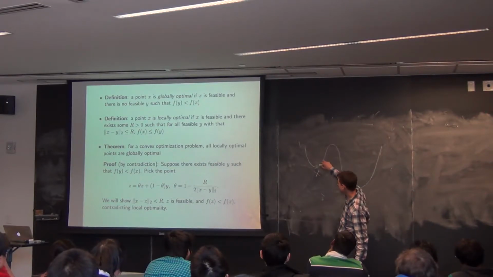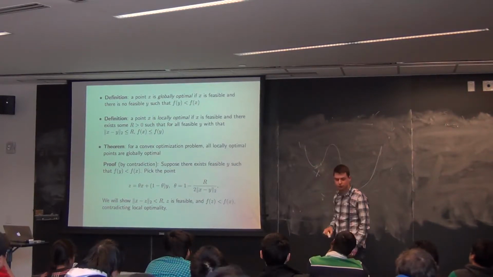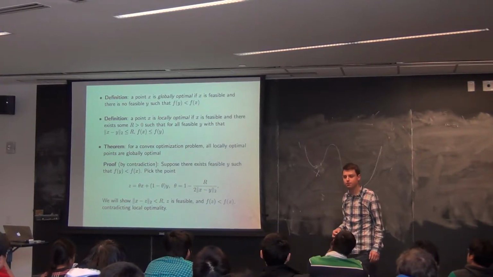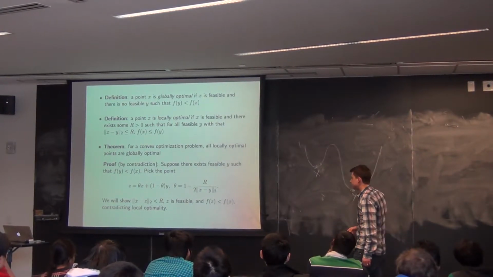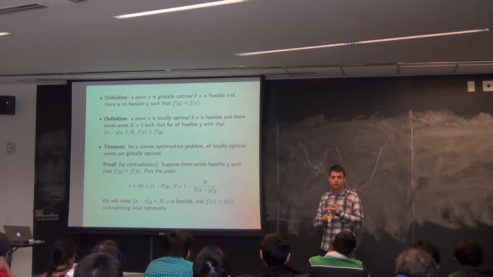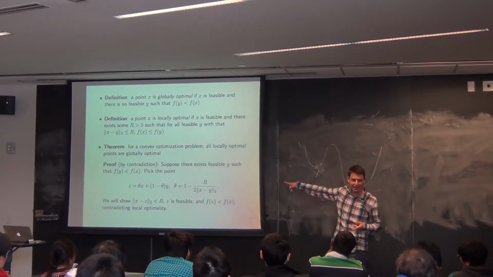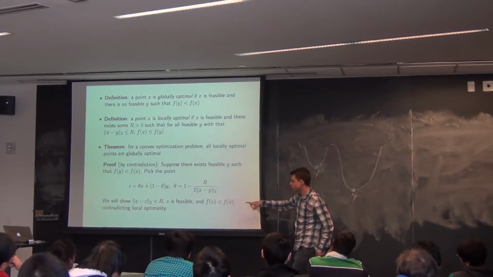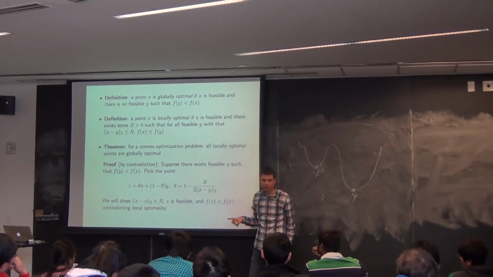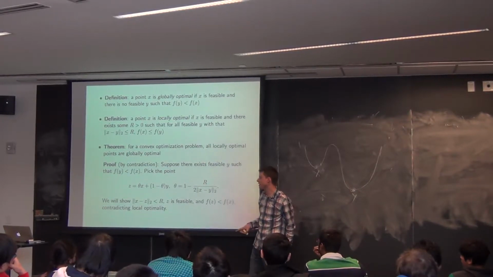So this is in the region close to x. And we'll show that it's feasible. And if convexity holds, which it doesn't here, but it will in that case, f of z is also less than f of x. Okay, and that contradicts the local optimality of x.